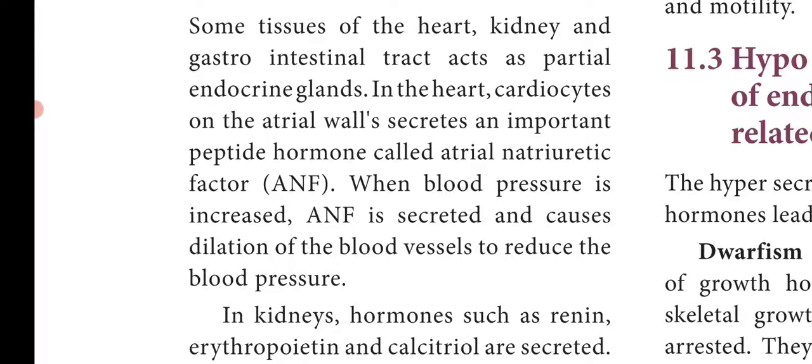When blood pressure is increased, the atrial natriuretic factor is secreted and it causes the dilation, that is the expansion of the blood vessels to reduce the blood pressure. So this hormone, atrial natriuretic factor, is secreted at the time of increased blood pressure.